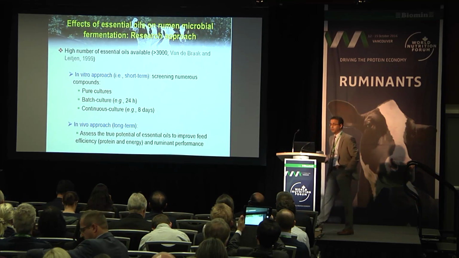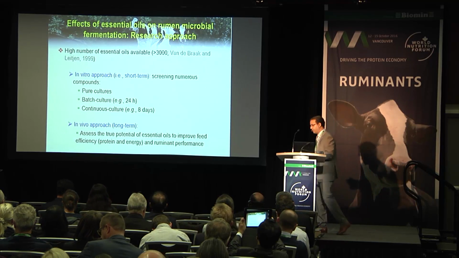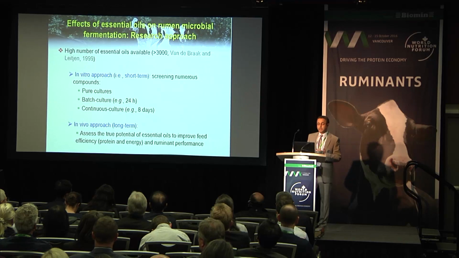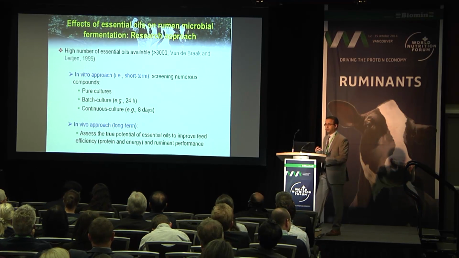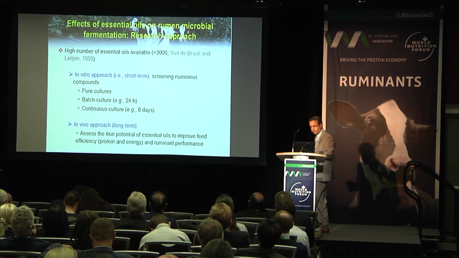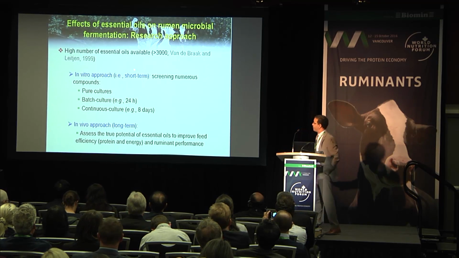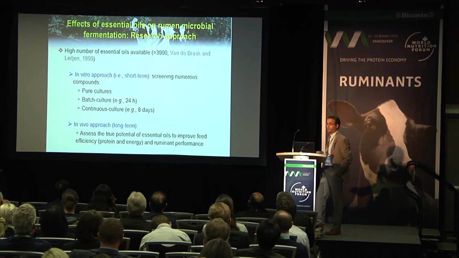As I mentioned earlier, there is a wide range of essential oils, and we can understand that researchers have heavily relied on in vitro, short-term approaches to screen the large number of compounds.